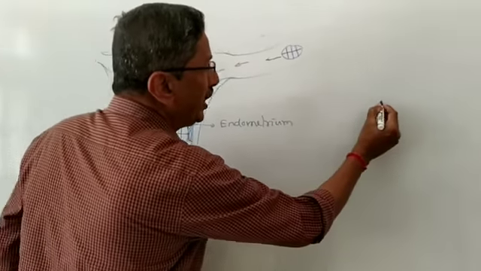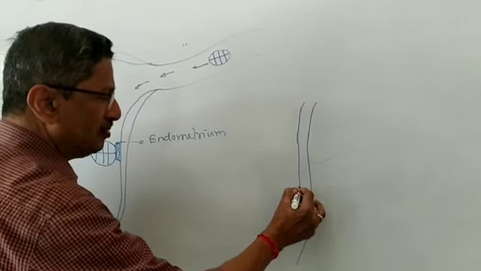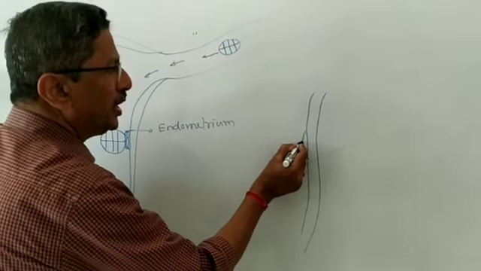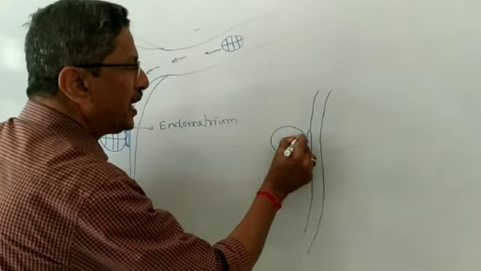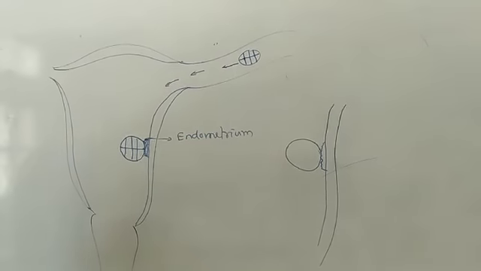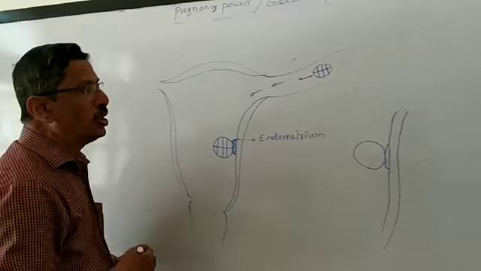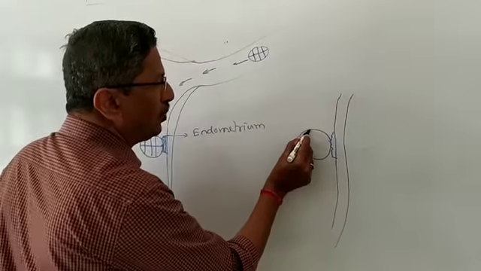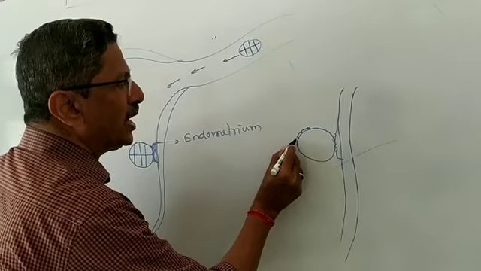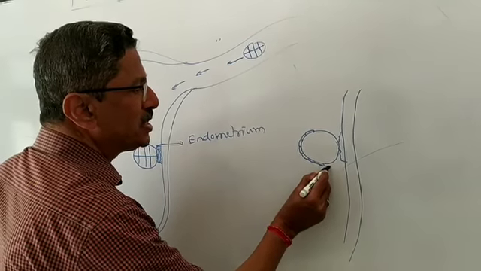Finally, it is forming a structure. Now I'll take one part of this. This is the endometrium, which is thicker. Here one spherical, hollow ball-like structure is produced. We have already covered this in the introduction. It is called the blastula, also called the blastocyst, where a single layer of flattened cells will be present at the outermost region.